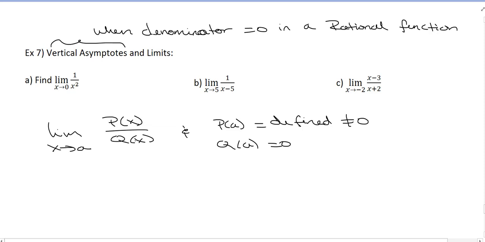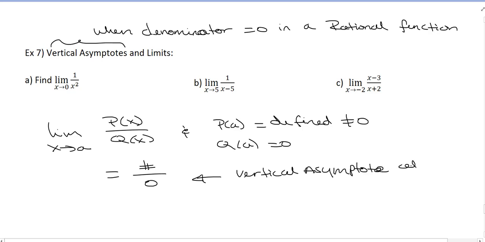So that's when you're going to have then a vertical asymptote. So q of a is 0, but you have a number on the top. So what that means is you're going to have a number over 0. So that likely means you have a vertical asymptote at x equals a.